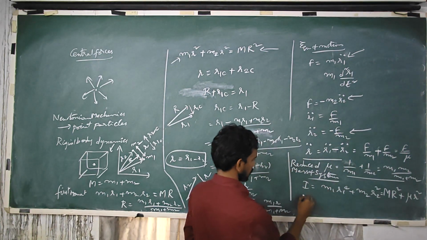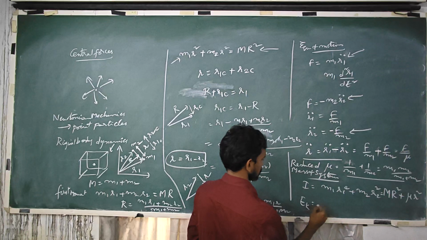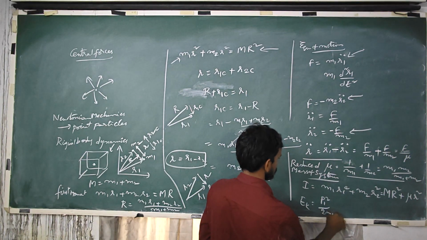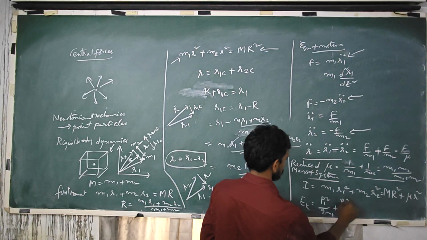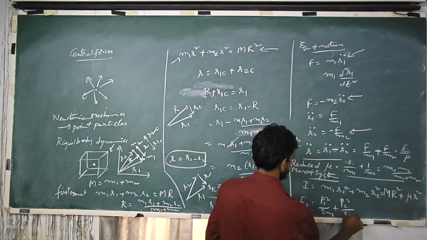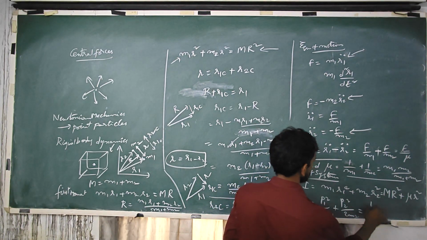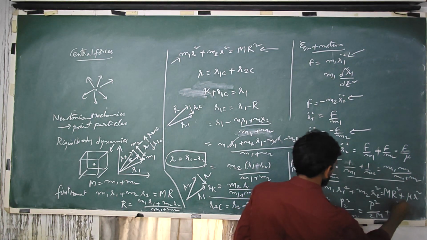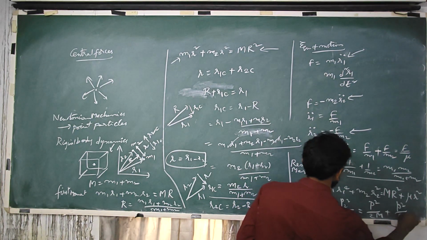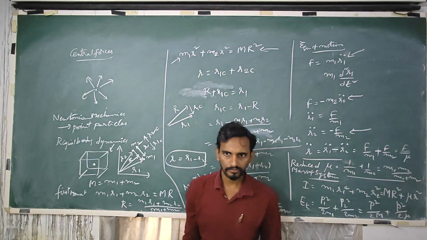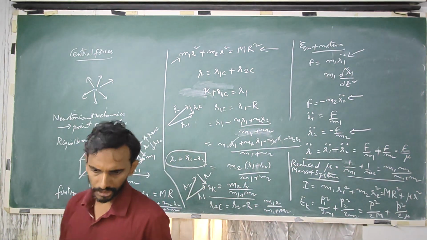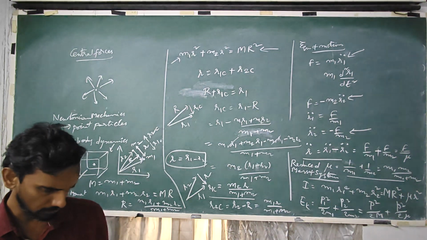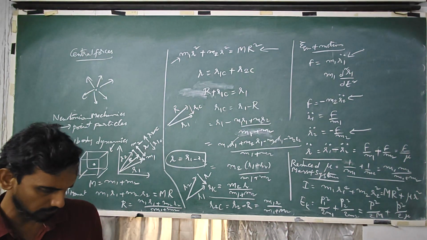And in the same way, kinetic energy P1 square by 2m1 plus P2 square by 2m2 is equal to P square by 2M plus small p square by 2mu. So these are the main equations that describe the properties of central forces.